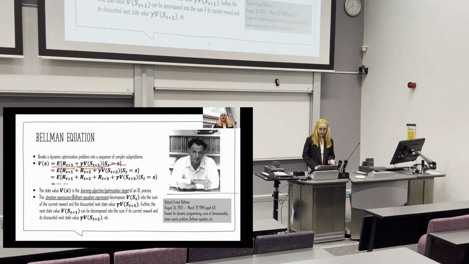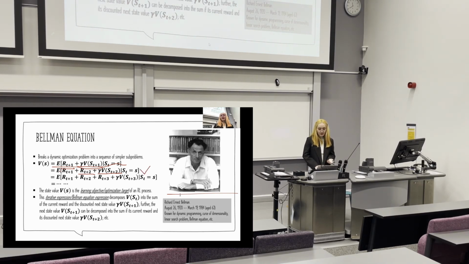Further, the next state value, V(S_t+1), can also be decomposed into the sum of its current reward, which is this one, and its discounted next state value, gamma times V(S_t+2). Then we will get this second equation.